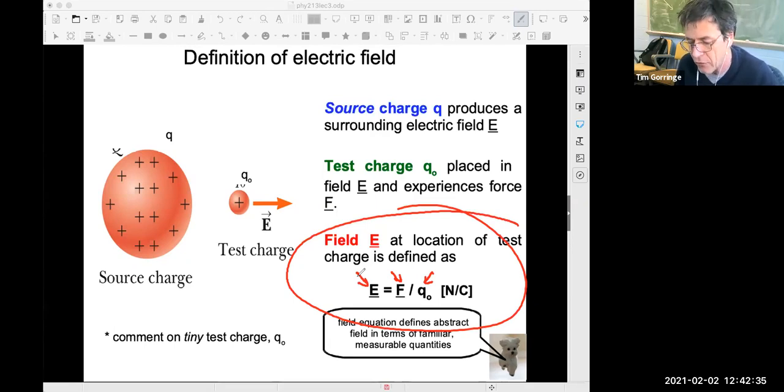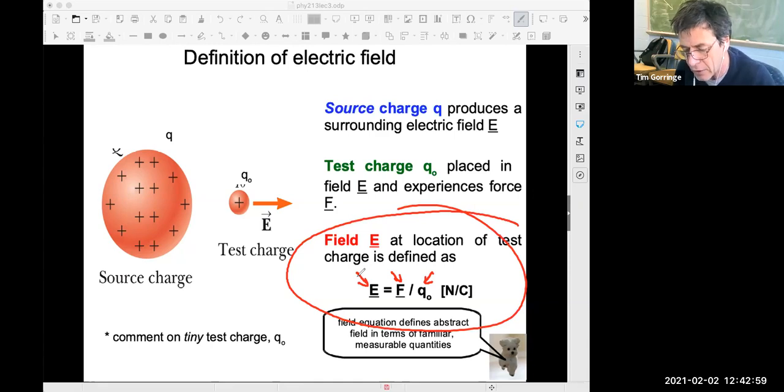We can measure the force in newtons that's experienced by the test charge. We can measure the charge in coulombs that's owned by the test charge. In that way, by dividing that force in newtons by that charge in coulombs, we can calculate the electrical field in newtons per coulomb at the location of the test charge.